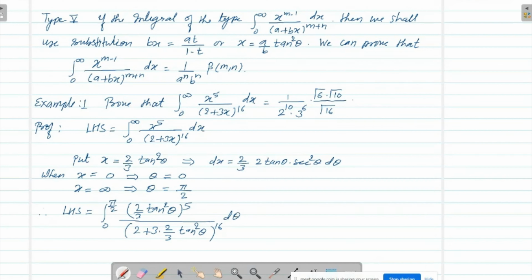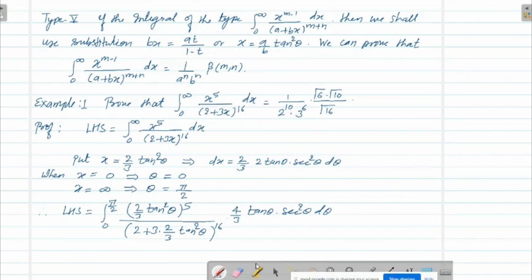And what is the dx? Your dx is 2 into 2, that is 4 by 3 tan theta into sec square theta d theta.